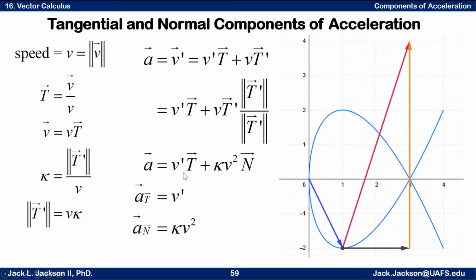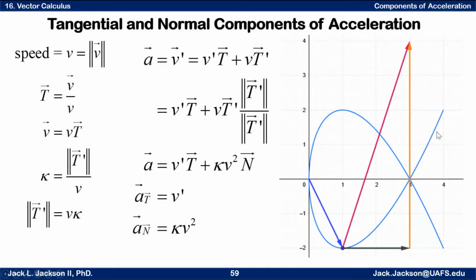So this first part is the tangential component, which is the derivative of the speed, and the second component, the normal component, or perpendicular part, is the curvature times the speed squared.